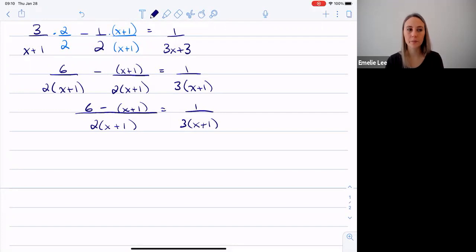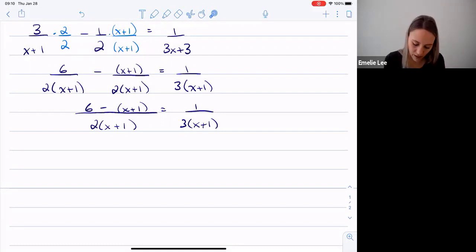Okay. So now what I'm going to do is I'm going to look at this and say, okay, well, I've got a fraction set equal to a fraction. And so what I can do is I can cross multiply, right?